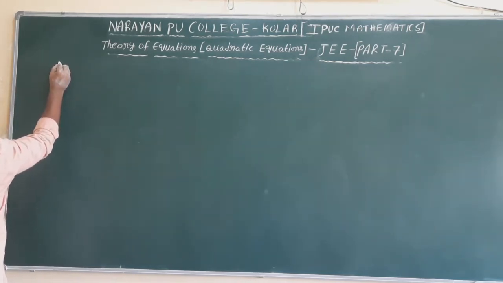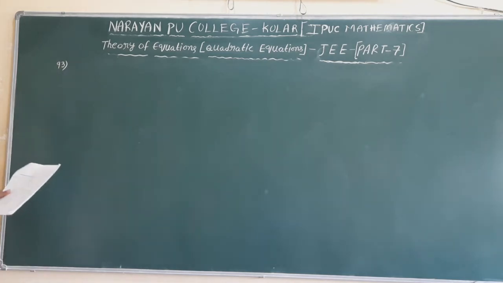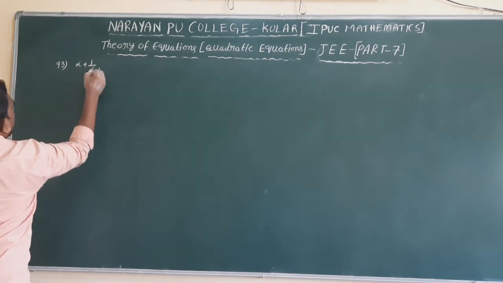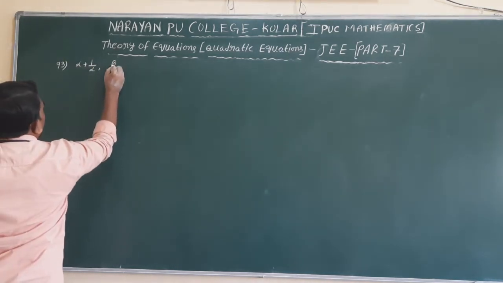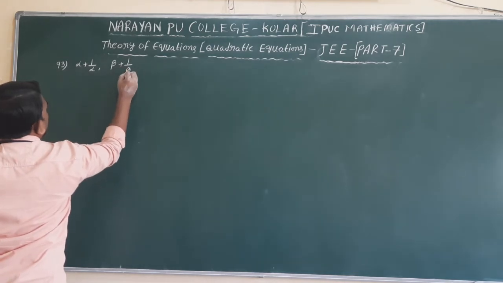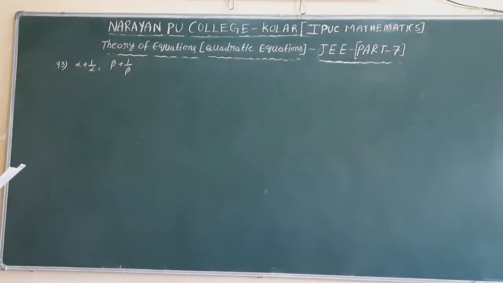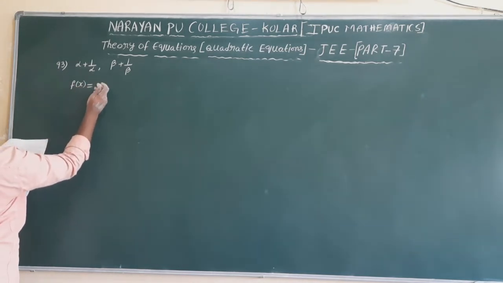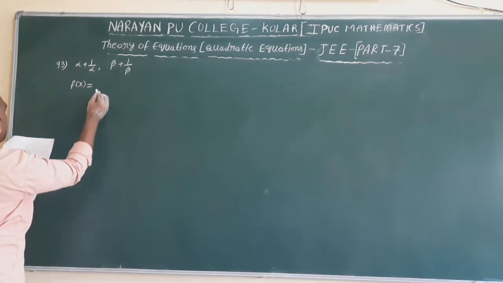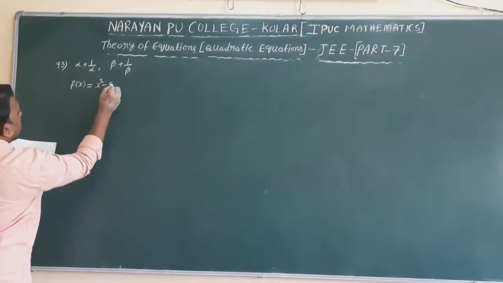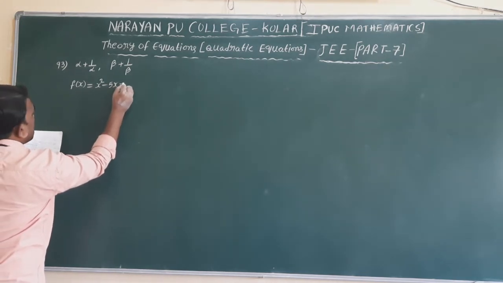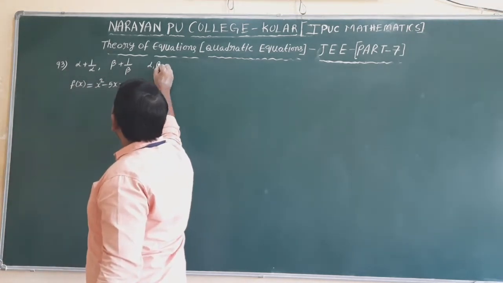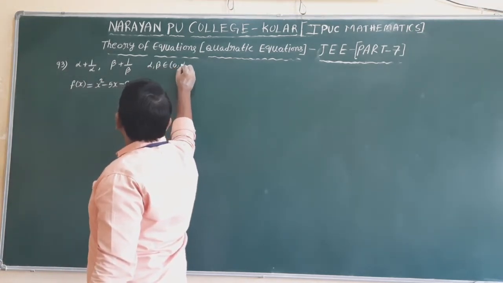Next, 93rd question. If alpha plus 1 by alpha, beta plus 1 by beta are zeros of f of x equal to 0, which is nothing but the roots of f of x equal to x square minus 5x minus a, where alpha comma beta belongs to the open interval 0 comma infinity.